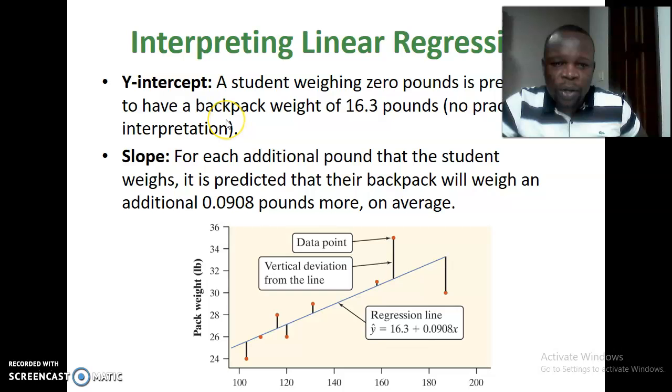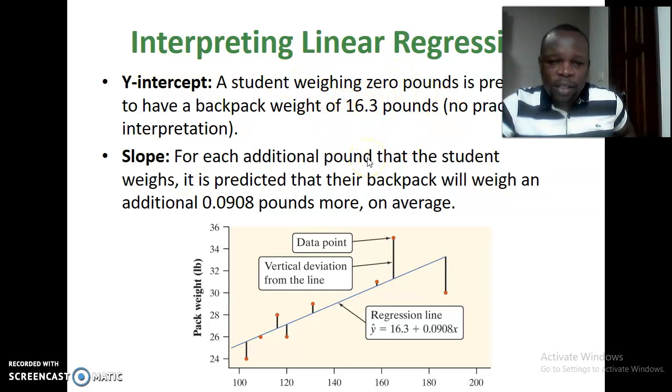Make sure you write it in the same way as stated here, because changing any of the meanings might mean interpreting the wrong thing. And in most instances, interpreting the y-intercept doesn't make sense. For example, here they say a student weighing 0 pounds, which is impossible if you think about it.